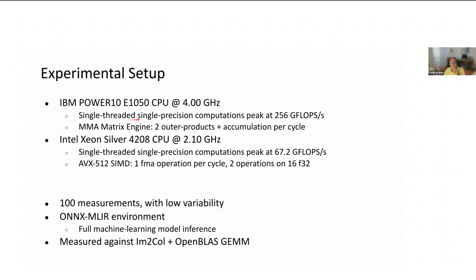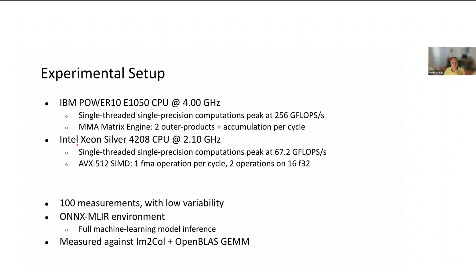This machine has a single-thread, single-precision computation speed of 256 gigaflops, and has an MMA matrix engine, which allows 2 outer product operations. So we could do two MMA operations for the GEMM, and 1 accumulation per cycle.